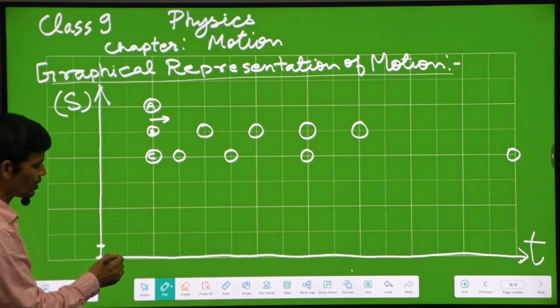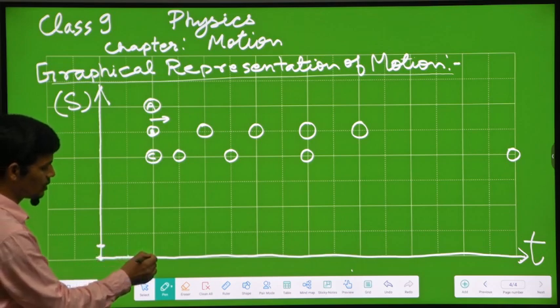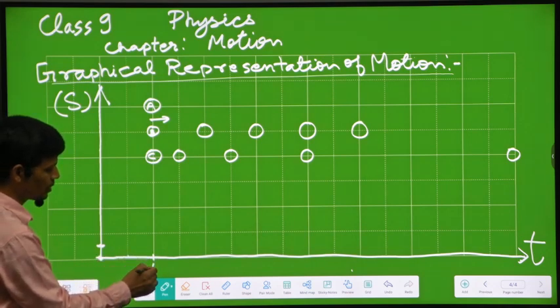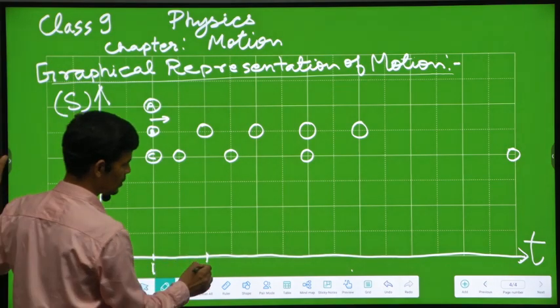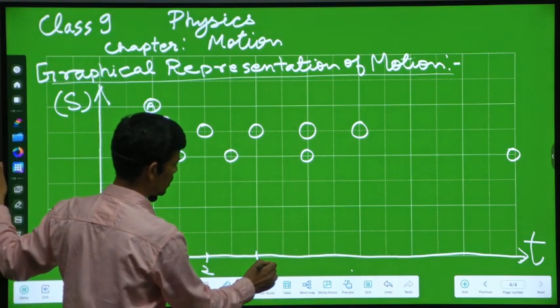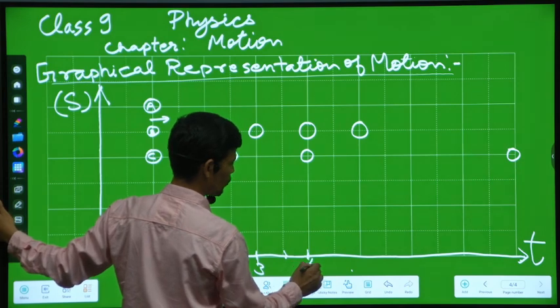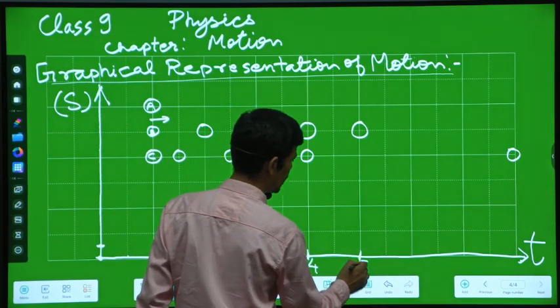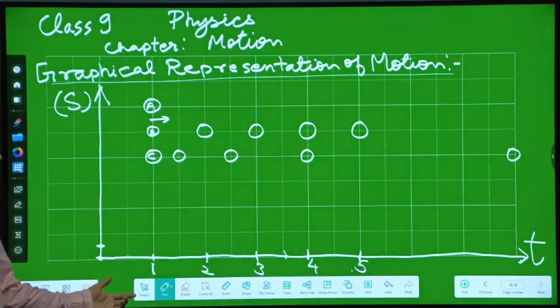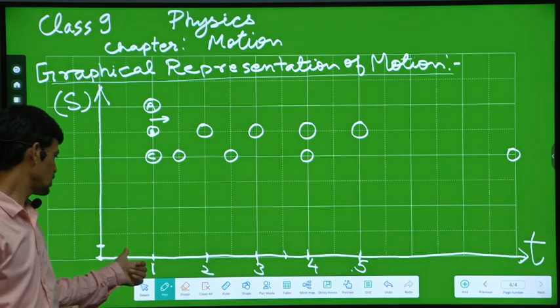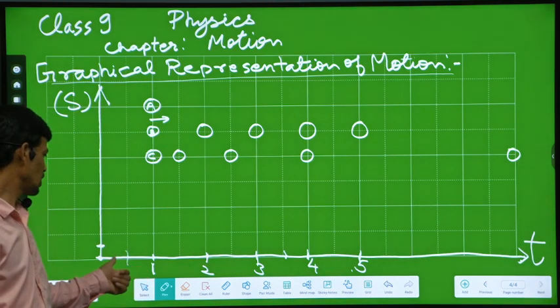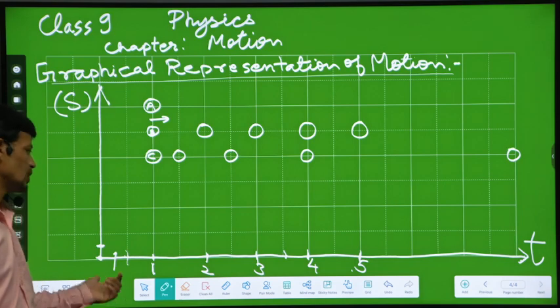Then after 1 second, let us suppose this is 1 second, this is 2 second, 3, 4, 5. This is our choice. I can take this as 1 second also, I can take half of it as 1 second.